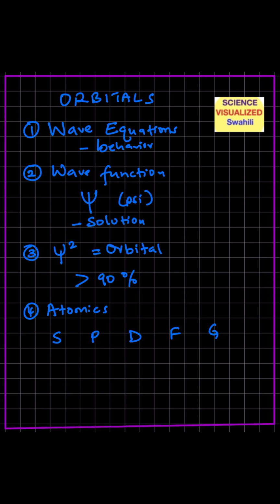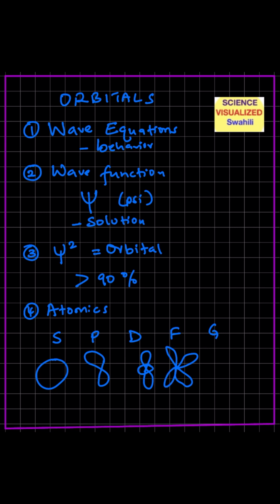S orbitals are spherical, while p orbitals are shaped like dumbbells. And then there are various shapes for d orbitals. For example, this will be one of the examples. Then this is another type of d orbital. There are many others.